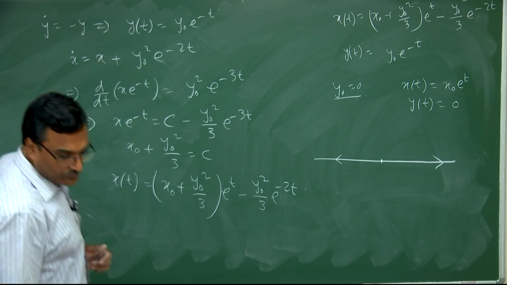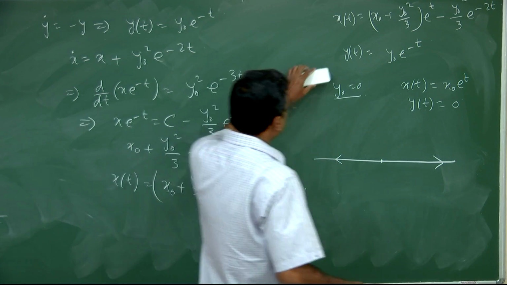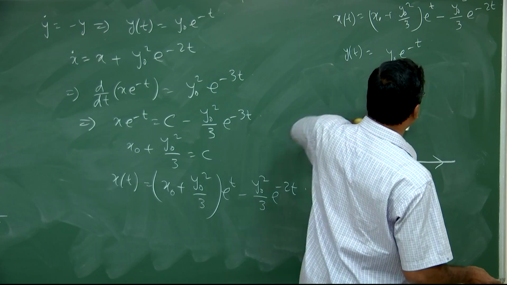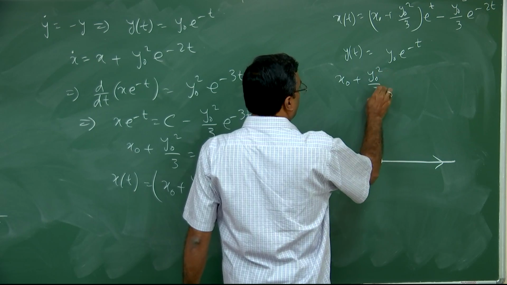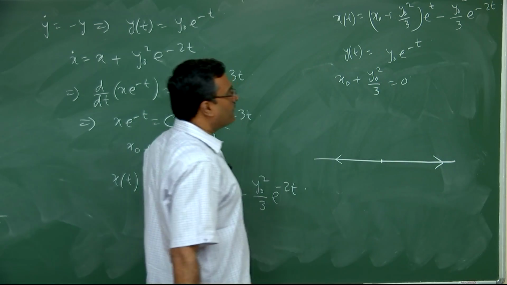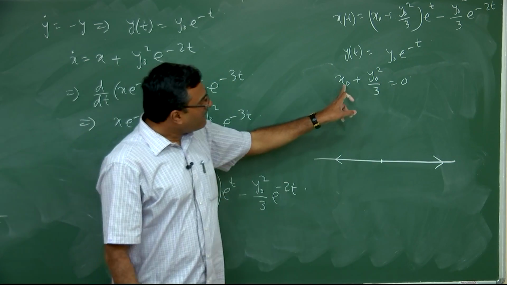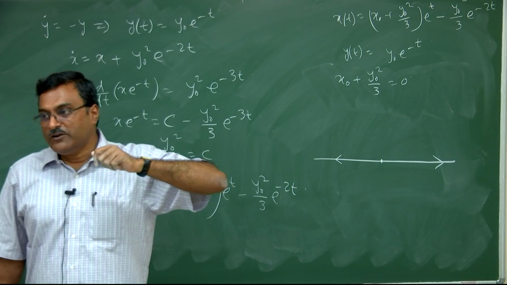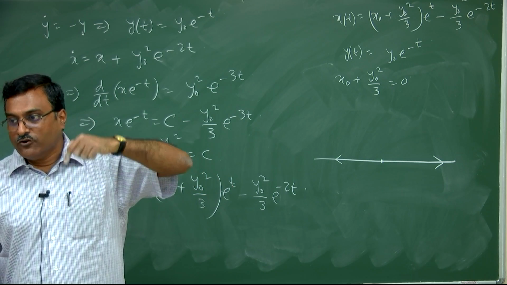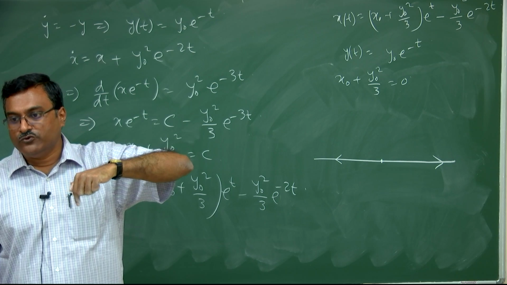Next, if you choose the initial condition in a little bit clever way, that is x0 plus y0 square by 3 equal to 0. Why am I considering this equal to 0? Because now I want to see whether it is possible to find one curve along which the solution trajectory will be approaching towards the origin.